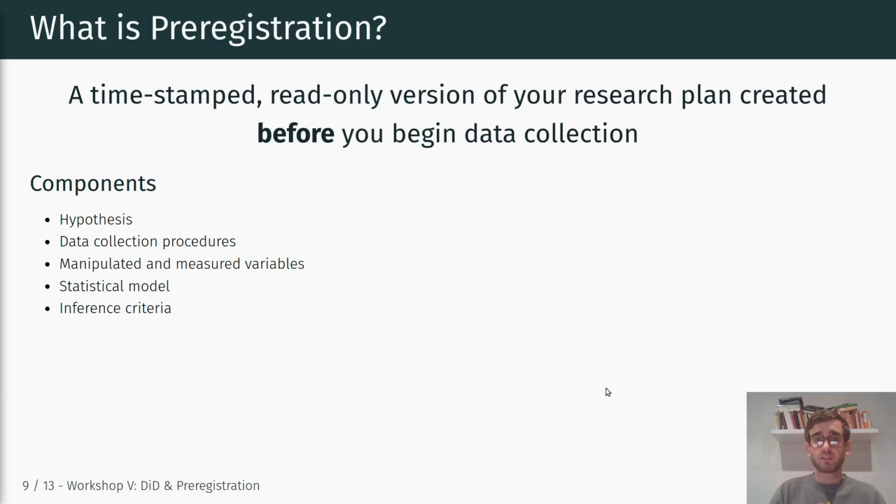To what extent do you use a 5% cutoff for statistical significance, and so on, right? So those are the key components of a pre-registration, and together this pre-registration, as a time-stamped read-only version of your research plan that you publish before you actually collect your data, is ultimately an answer to a lot of these problems that I outlined previously when it comes to the lack of replicability in scientific research. Okay.